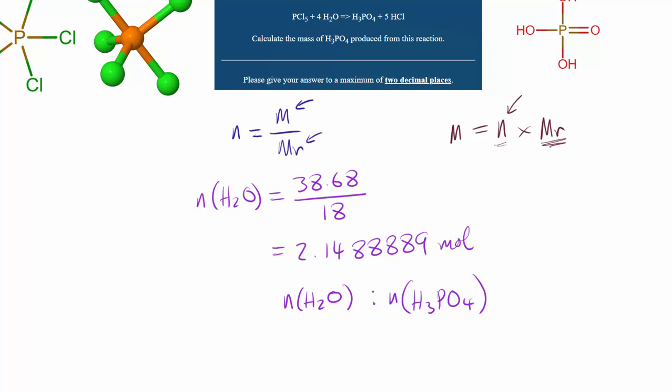For H₂O you've got a coefficient of 4, and for H₃PO₄ your coefficient is effectively 1. It doesn't have a coefficient written there, but it would be 1. So for every 4 moles of H₂O, you're going to have 1 mole of H₃PO₄. So that's a 4-to-1 ratio.